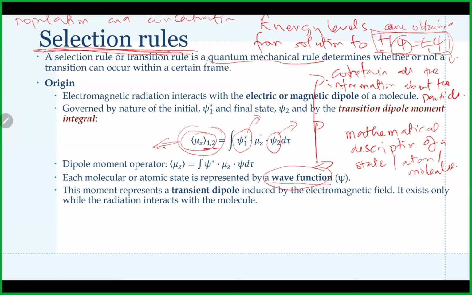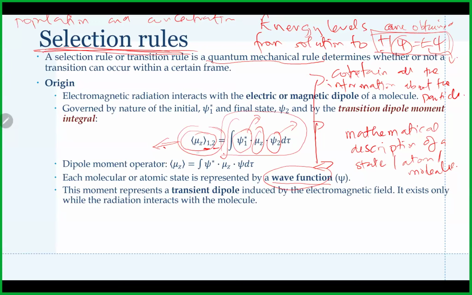There's this operator here. We call it the transition dipole operator. Once we integrate all this together, we get a numerical value. The closer the value is to 0, the closer the interaction is to being forbidden.